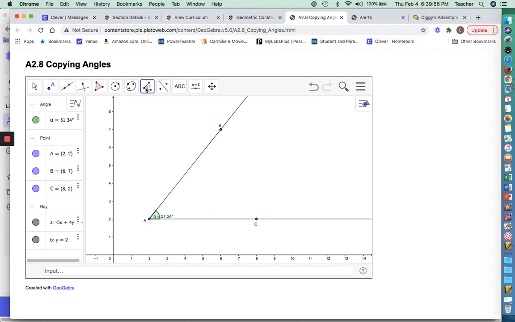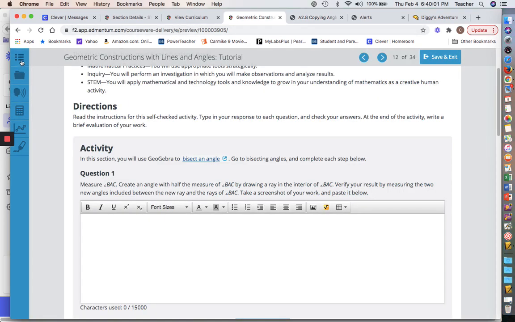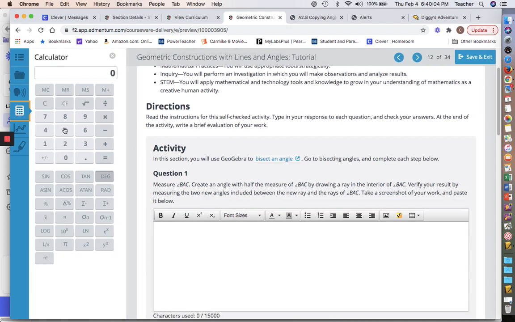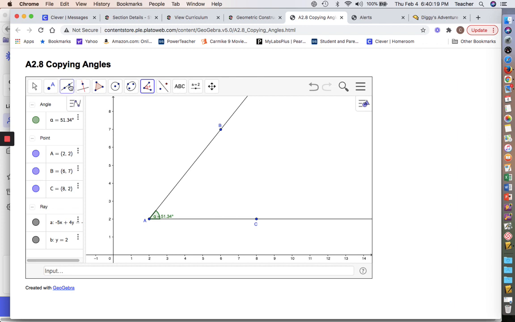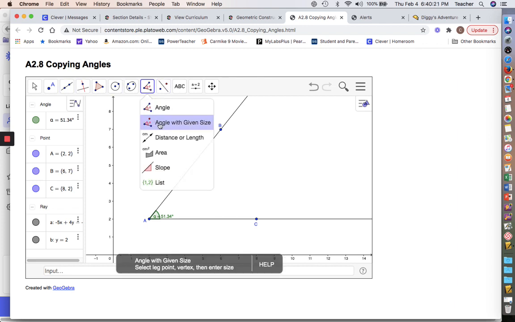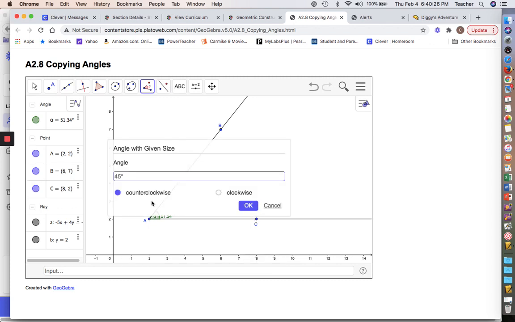Okay, so let's see. What's half of 51.34? There's my calculator. 51.34 divided by 2. So each of them has to be 25.67. Angle with given size, C, A, 25.67.